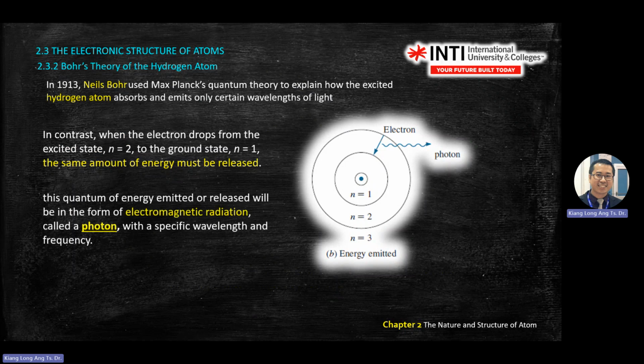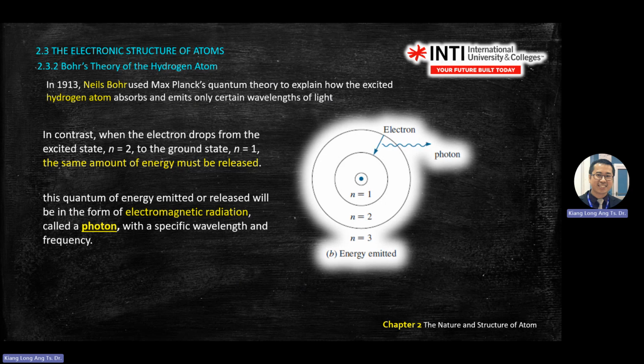Okay. So this slide just mentions orbit number 1, number 2, number 3. So let's say the electron moves from 3 to 2. From 3 to 2, it releases energy.